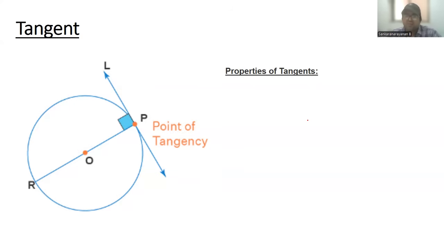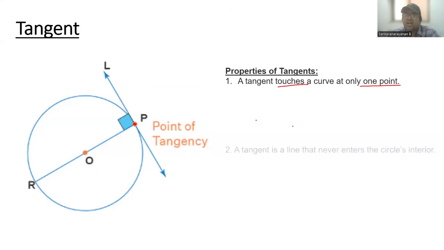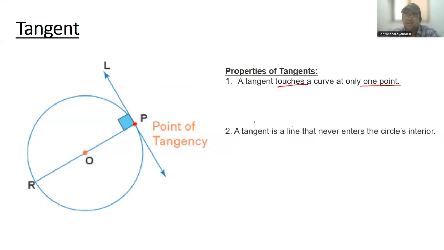Okay. Now, the properties of the tangents. Let's consider the first property here. The tangent, as I mentioned earlier, touches the circle only at one point. And that point, the point P, I call the point of tangency. A tangent is a line that is never going to enter the circle's interior.